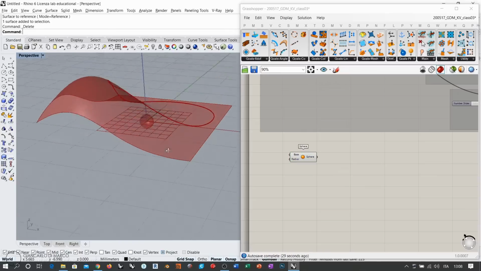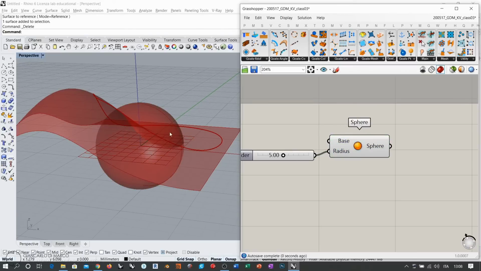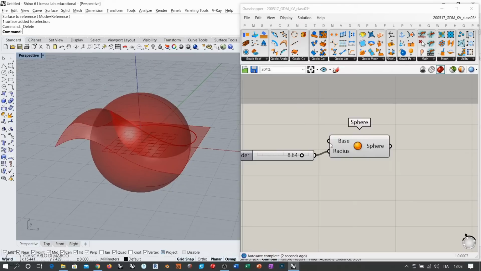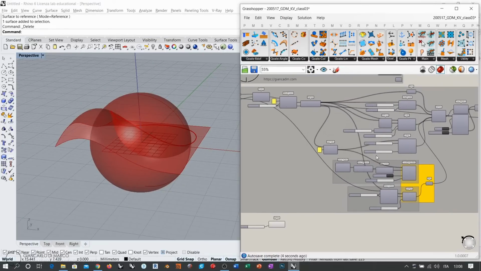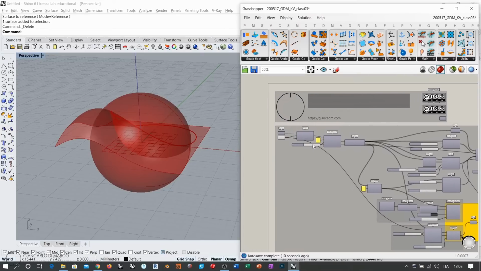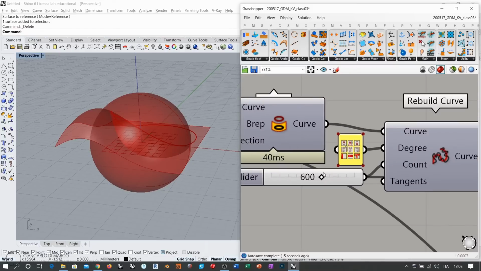So I can use a sphere, and eventually I will give it a radius that compares to the actual size of the object. Remember that the values we are using for each of our goals also depend on the scale of our design, and on the amount of segments that we create for our curve.